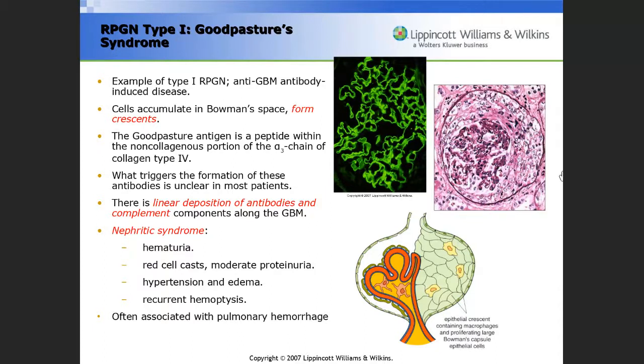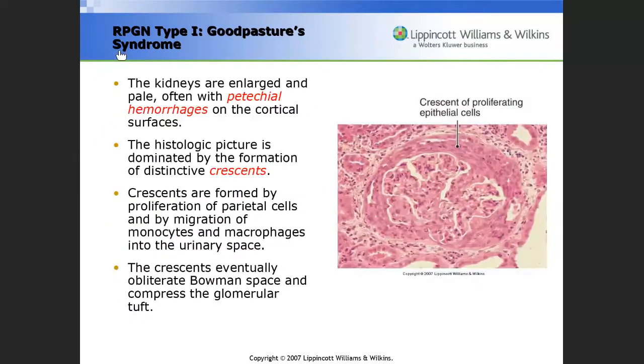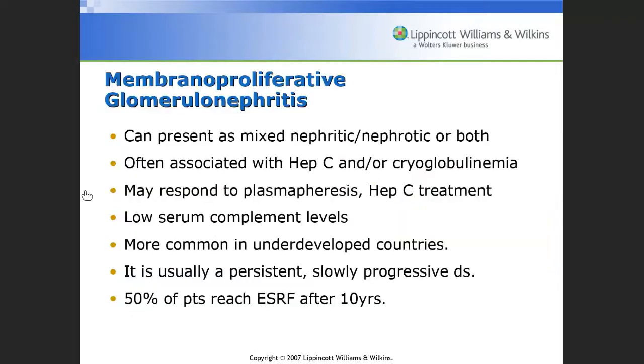As part of nephritic, you see hematuria, as you can see, red blood cell casts. Similarly, type 1 Goodpasture, just that proliferating, the crescent shape.